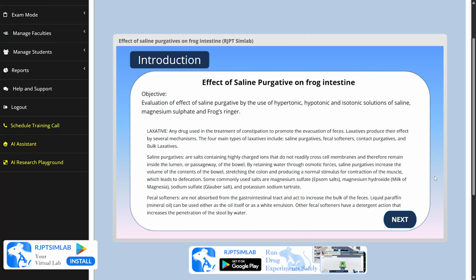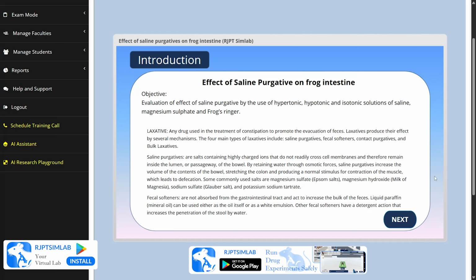And for that treatment, laxatives are used for the evacuation of feces. Evacuation means removal. Laxatives produce their effect by several mechanisms. The main ones are four types: saline purgatives, fecal softeners, contact purgatives, and bulk laxatives.